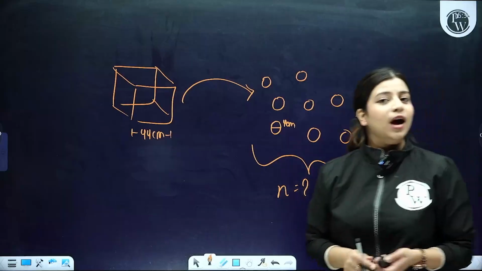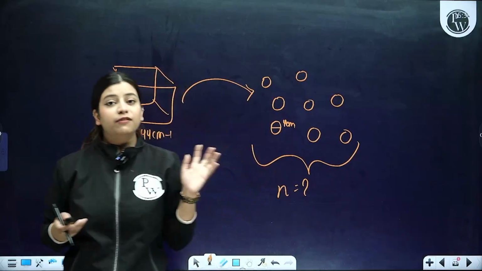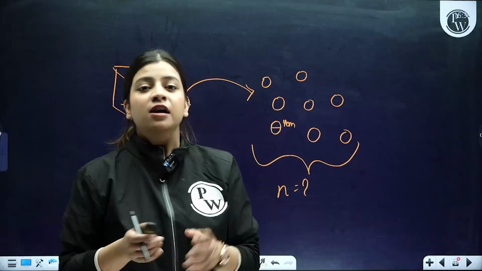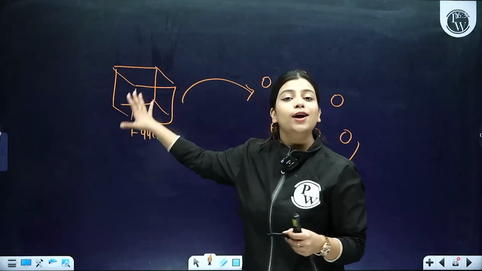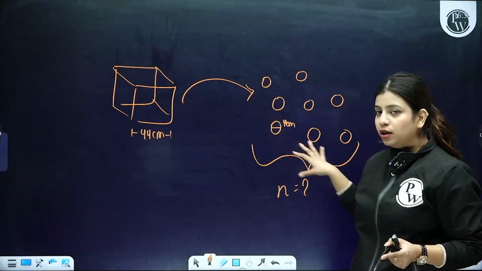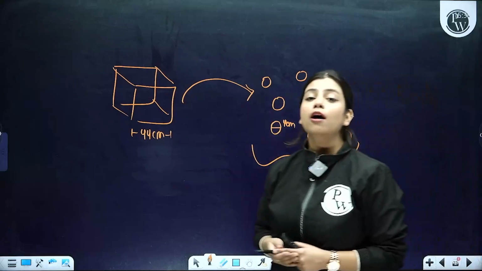So one thing that you have to keep in mind in these types of questions is that when we talk about lead shots made from a cube or cuboid, the volume of this entire cube will be equivalent to the volume of all these shots. That means n into volume of one shot.